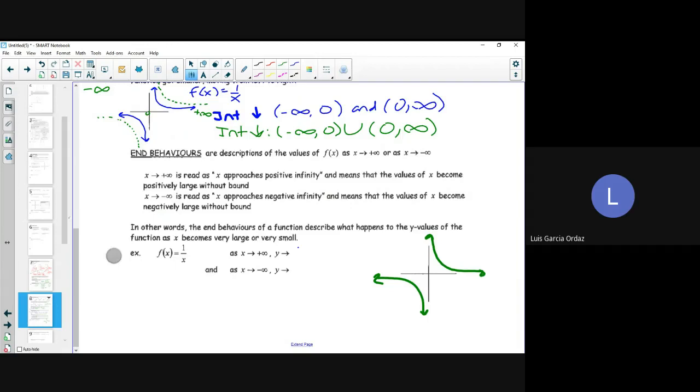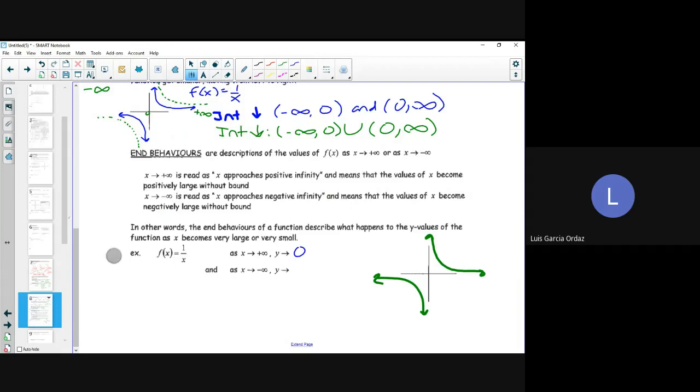It keeps getting closer and closer to the x-axis, but it never actually touches 0. So that's why as x approaches positive infinity, y approaches 0. You're just looking at the graph. I think we're overthinking it.